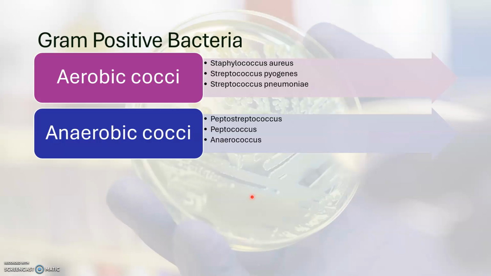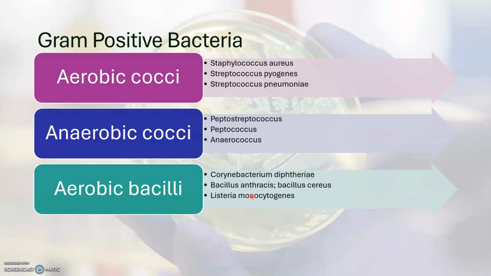There are also anaerobic cocci such as Peptostreptococci, Peptococci, and Anaerococci, often seen in anaerobic soft tissue infections such as infections of the floor of the mouth, or retropharyngeal abscesses, or anaerobic infections in tissue subject to poor perfusion such as wet gangrene, or certain types of gas gangrene as well.